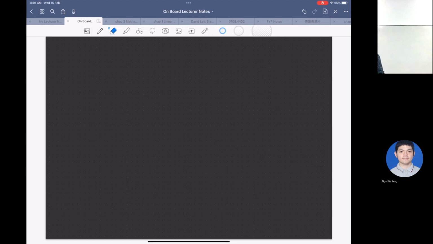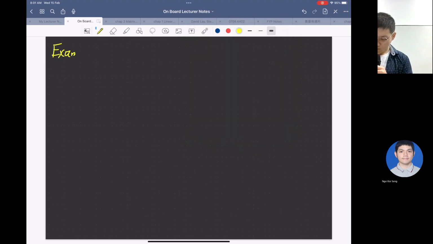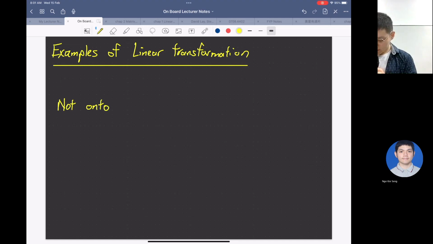There are two examples of linear transformations you can keep in mind. The first one is something that's not onto, and the second is onto.